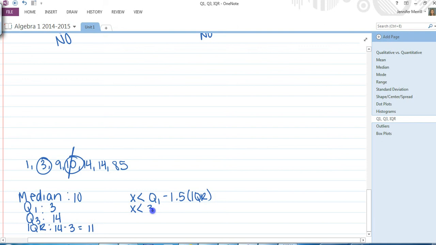So x is less than 3 minus 1.5 times 11. And then I have x is greater than Q3 plus 1.5 times the IQR, or x is greater than 14 plus 1.5 times 11.